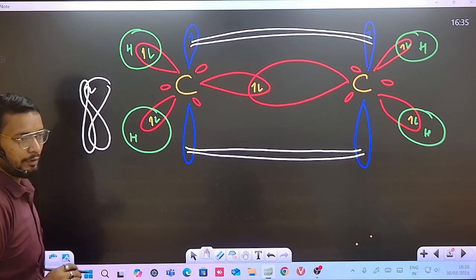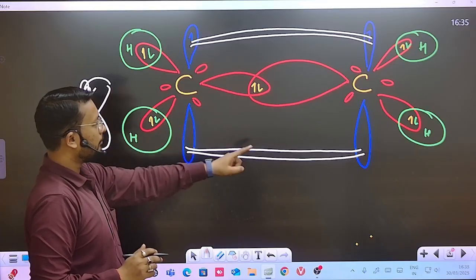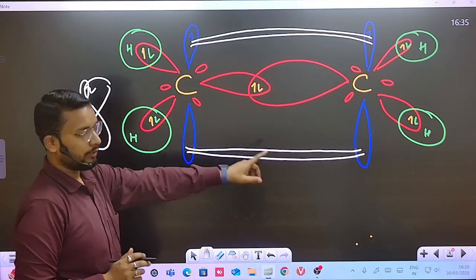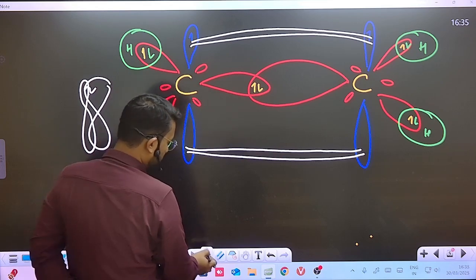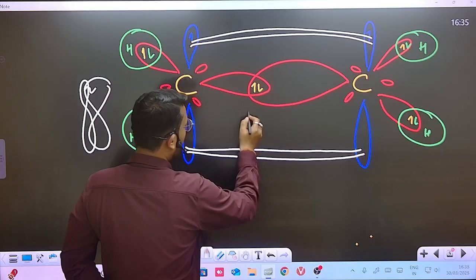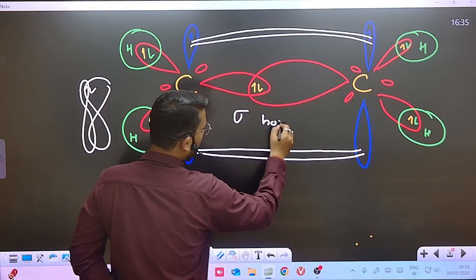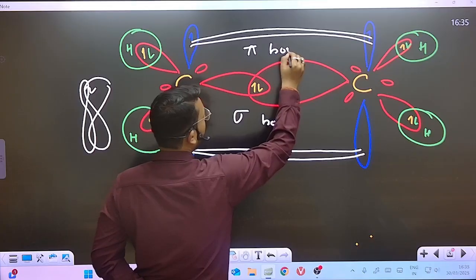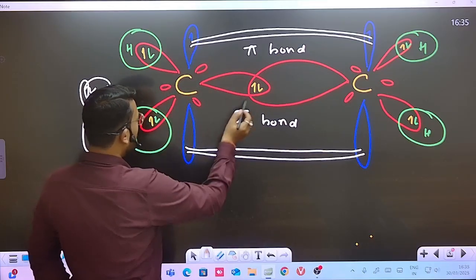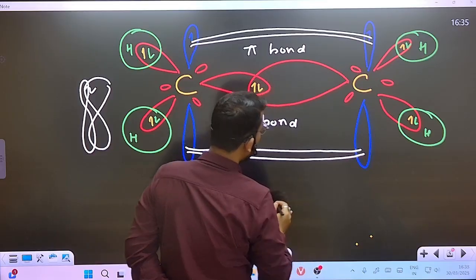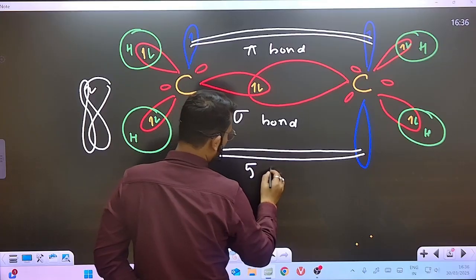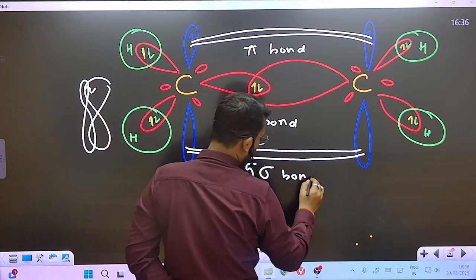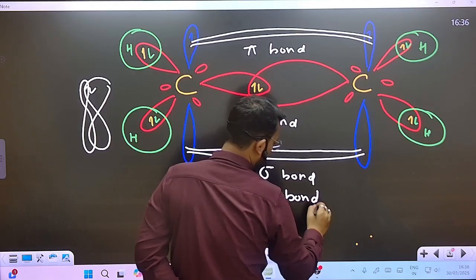This is the sidewise overlapping, so that this carbon atom will complete its 4 bonds. The first bond that is made by the hybridized orbital is called sigma bond, and the sidewise overlapping which is made is pi bond. So there are 1, 2, 3, 4, 5 sigma and 1 pi bond. I hope I am clear.